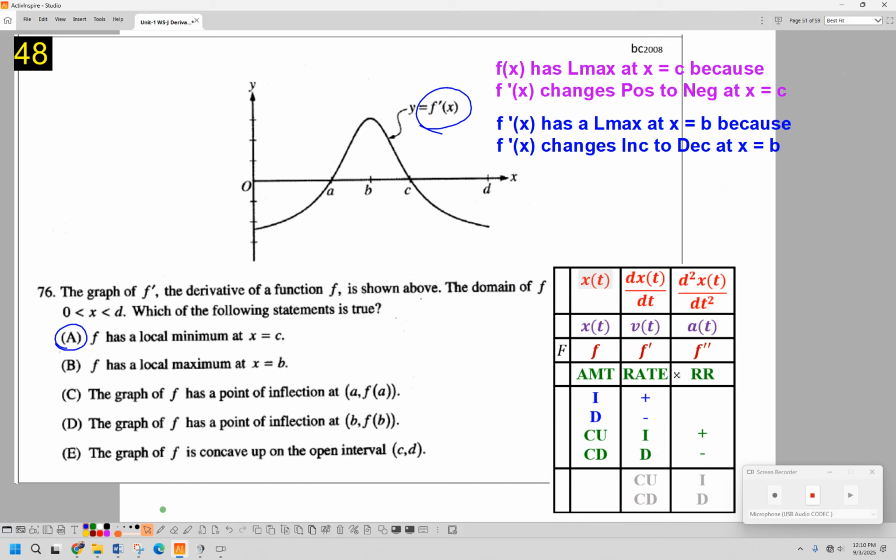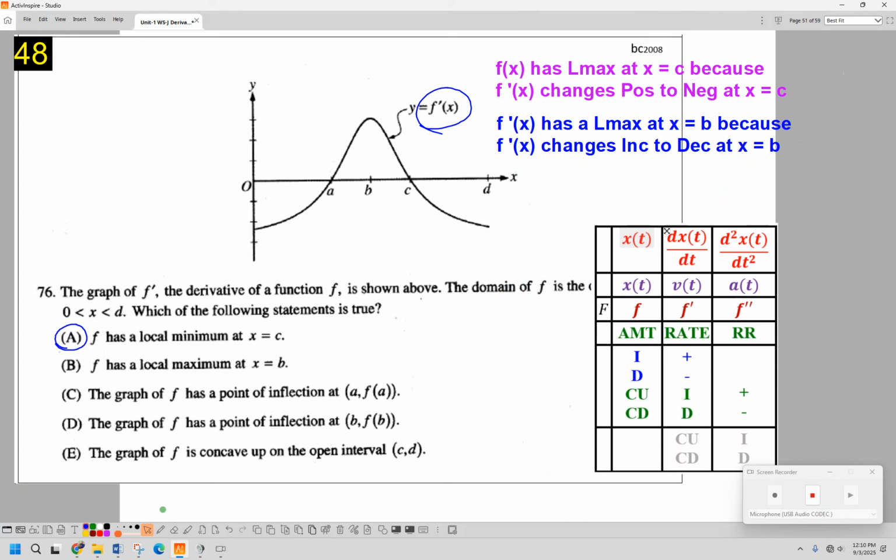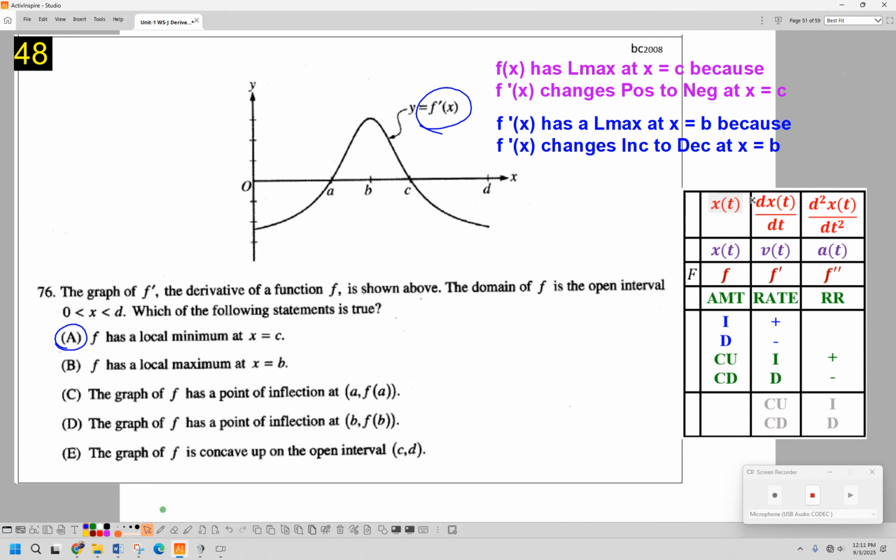But saying the graph of f has a point of inflection, it's saying on the graph of f, where is the point of inflection? You just said this would be a point of inflection if it was on f. This is all negative, this is all positive. This is where it changes from having a negative slope to a positive slope. Okay, pause for a minute.